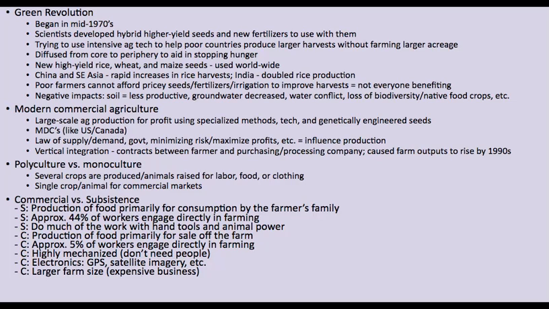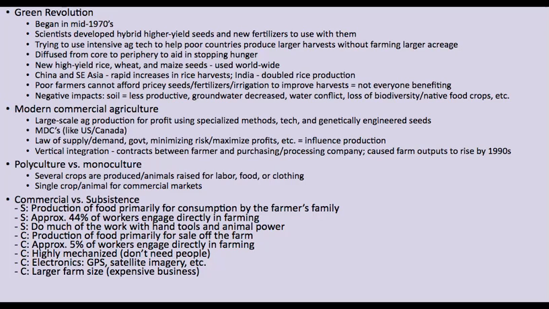So in order to increase their yield, they wanted to find something overall. Of course, most of those poorer countries can't afford those high yield seeds, so they stay within the core, the more developed parts of the country, and then slowly diffuse out into the periphery to try to stop world hunger.